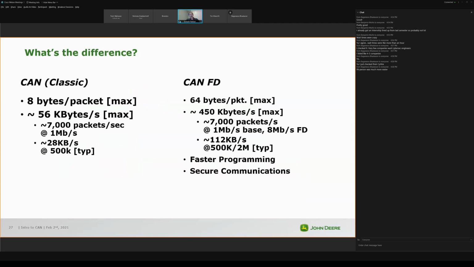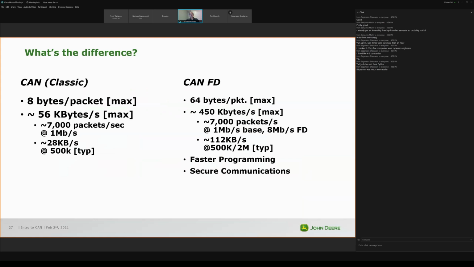The big difference that you could see here is 8 bytes versus 64 bytes. The advantage there: if you look at a CAN frame, let's take a 29-bit CAN frame with 8 bytes, you have an overhead of 29 bits.